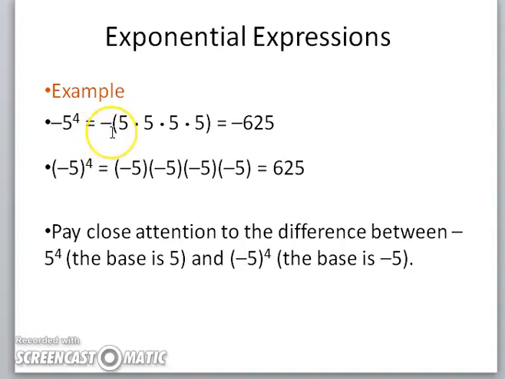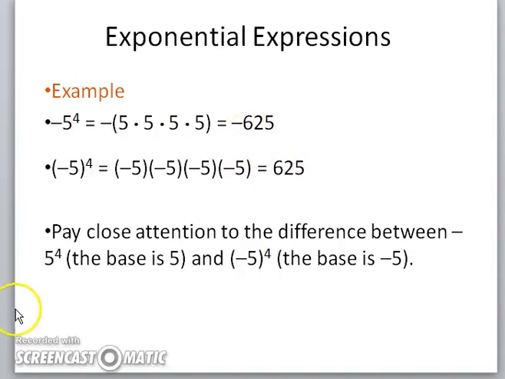So the negative sign stays in front, and we multiply the 5 together 4 times. If you use your calculator, if you multiply 5 together 4 times, we get 625. However, there's a negative in front of the 5, so our answer is negative 625.